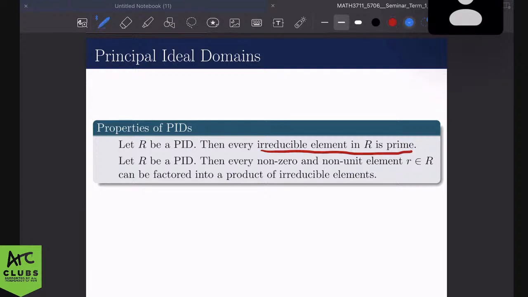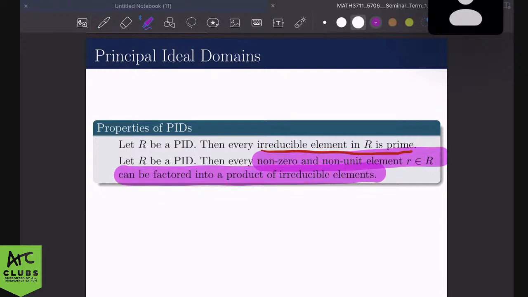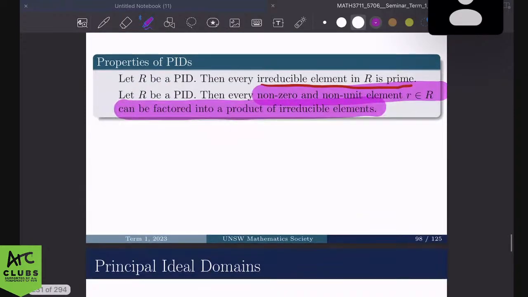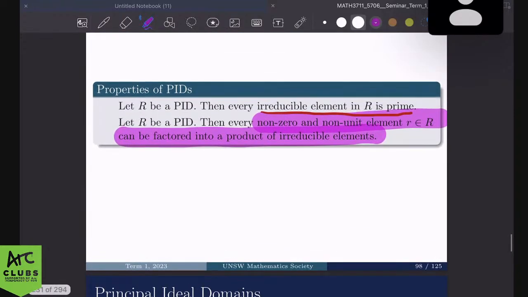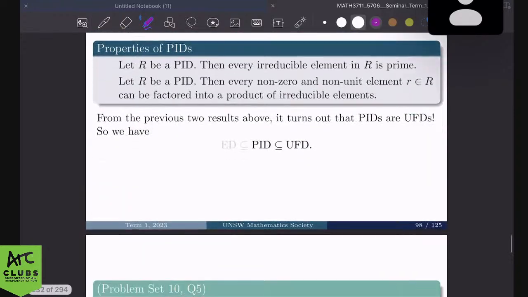And so you can actually do some working out from here to show that in a PID, you also have the UFD property. Right, every non-zero and non-unit element can be factored into a product of irreducible elements, and then that also means that that's unique, right? That method of factoring is unique. Okay, so it turns out that PIDs are UFDs, so PIDs are a subset of UFDs, and we'll talk about this last one over here later.